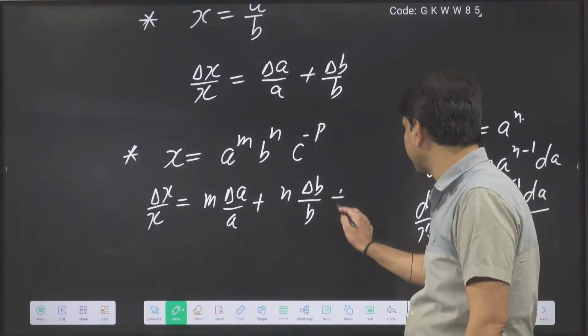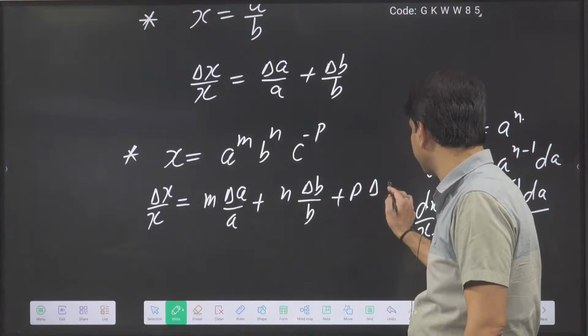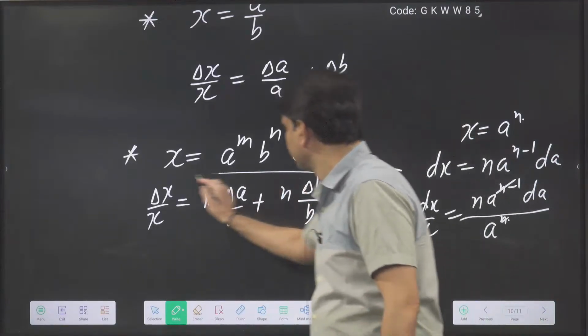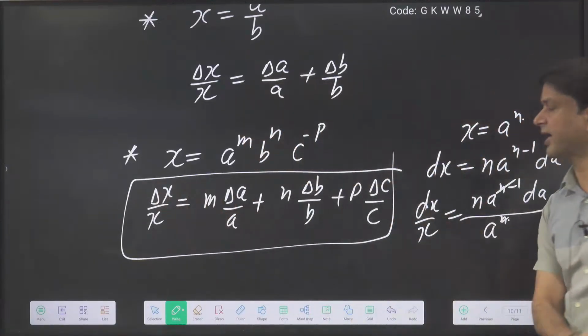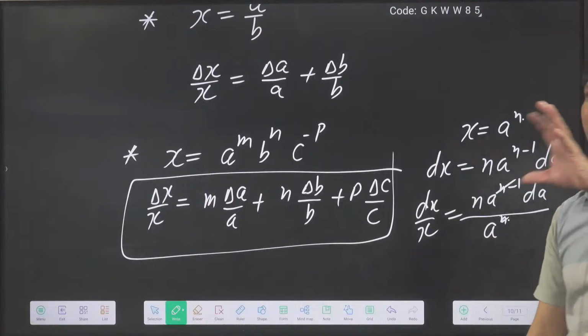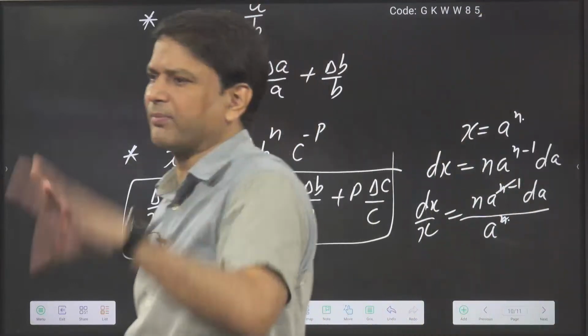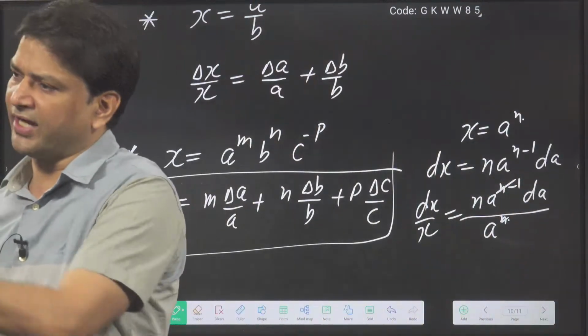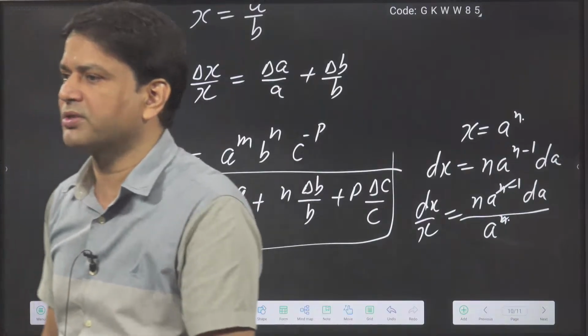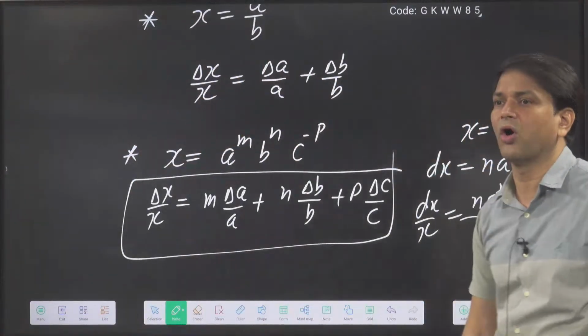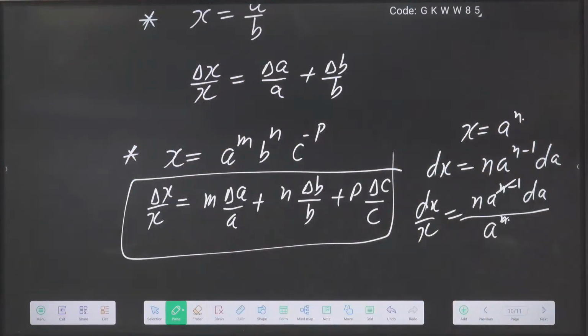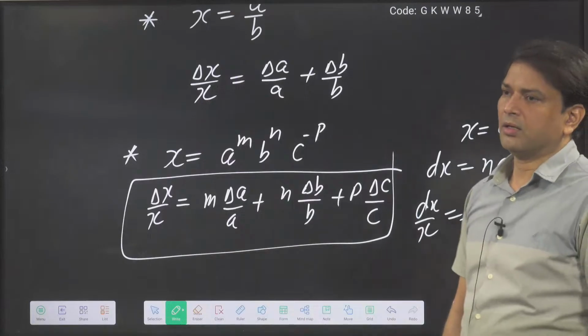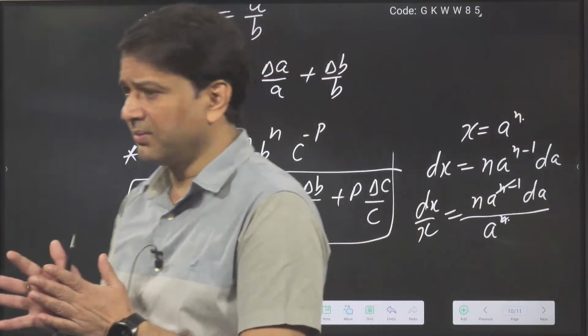So that's why plus p into delta c by c. So this is the fractional error in x, delta x by x. Whatever the power is, 1 by 2, 1 by 3, even negative, you multiply with the positive magnitude only. All errors we directly add.